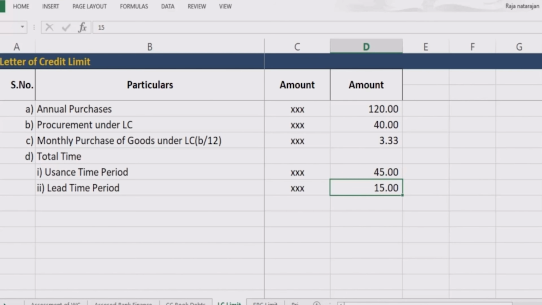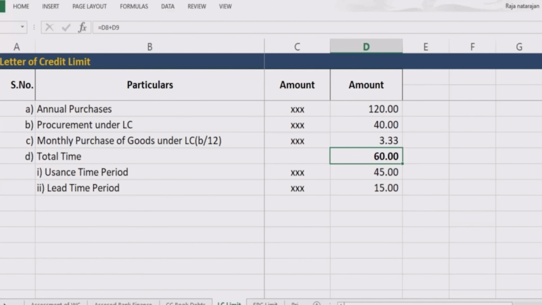So if I order goods today, it will take 15 days for manufacturing, and from there 45 days count will start. So if I order today, payment will happen only on the 60th day. So we can say total time taken is 45 plus 15, 60 days.